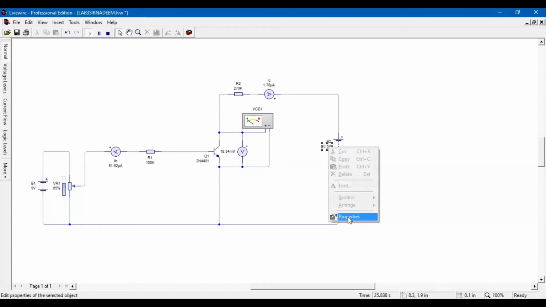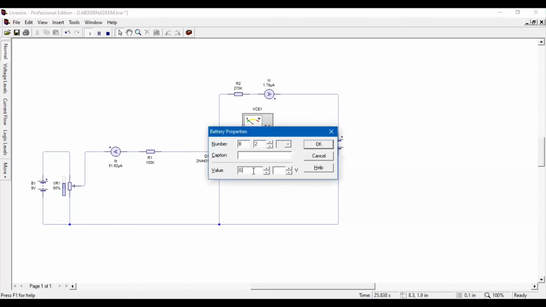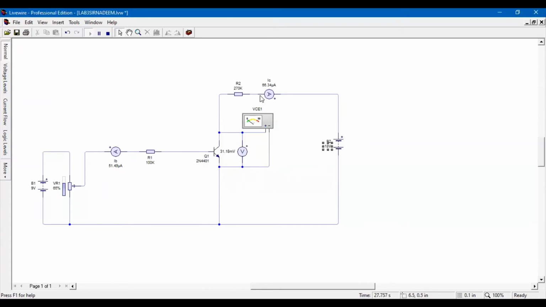Slowly increase the VCE data from 0 to 18. When VCE is at 18 and IB at 50 microampere, the IC will be 66.34 microampere.